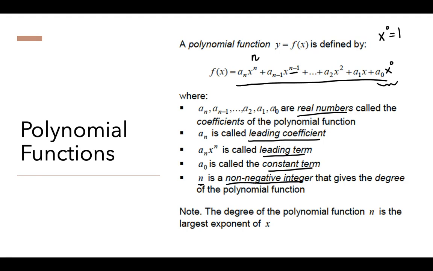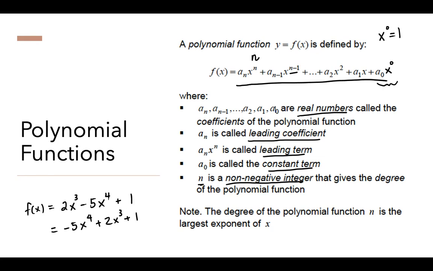For example, take f(x) = 2x^3 - 5x^4 + 1. Ideally, you would like to have the highest exponent at the beginning, so you could rearrange it as negative 5x^4 plus 2x^3 plus 1.